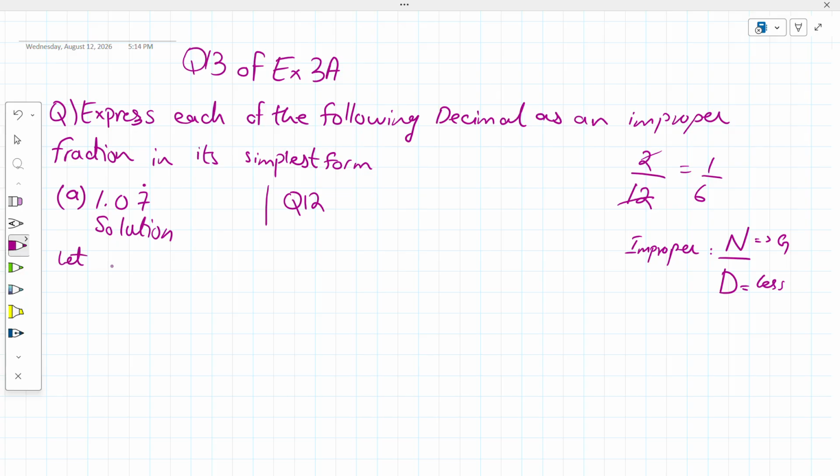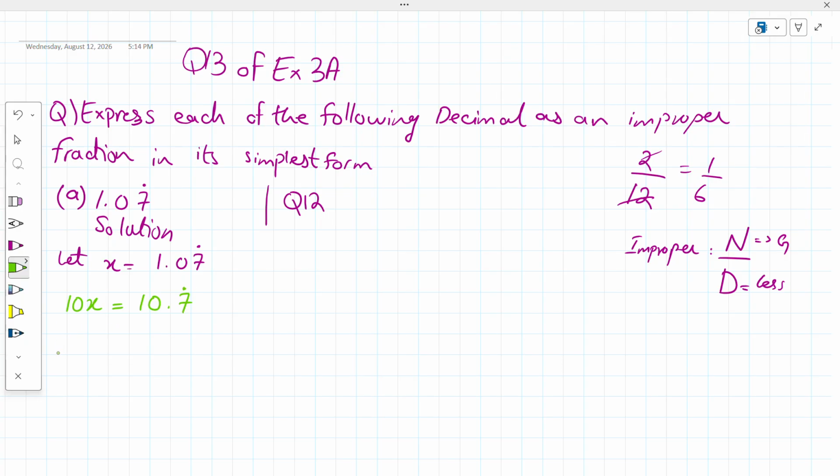So let x equal 1.07 recurring. Now, I will have to multiply by 10, so it will be 10x equals 10.7, where 7 is the recurring.